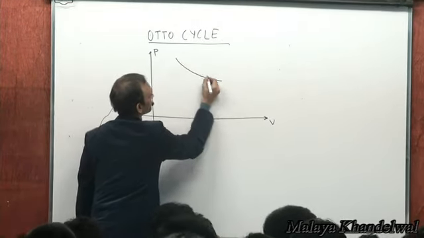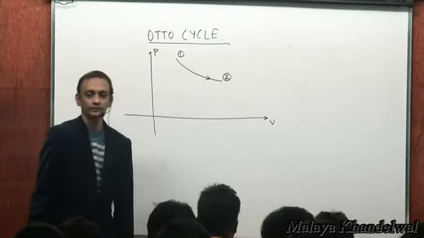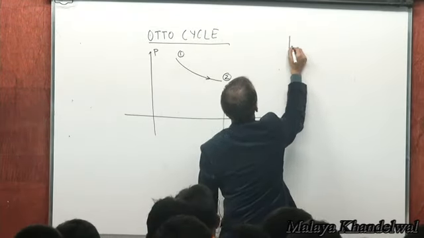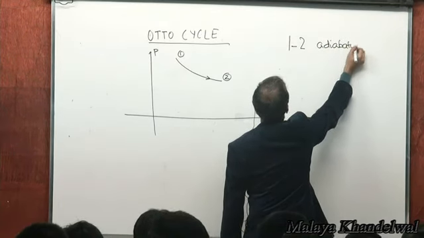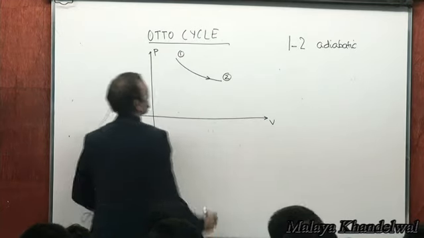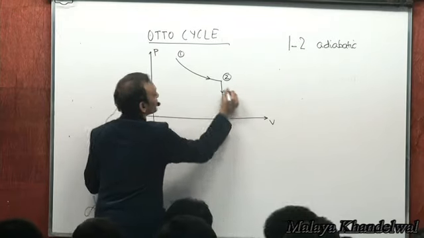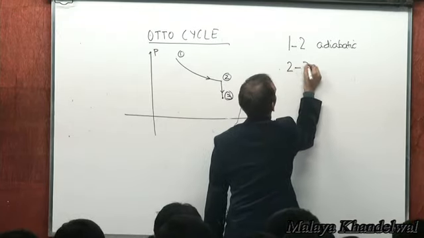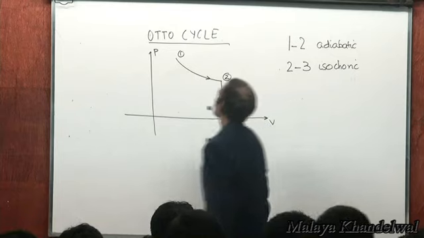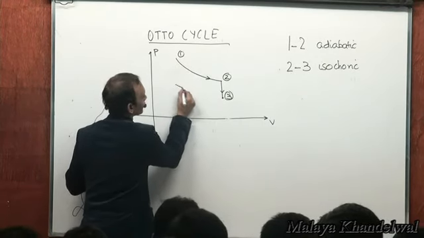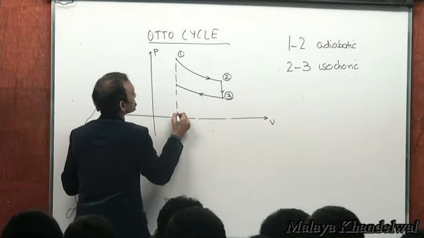We have, let's say, a gas going from state 1 to state 2 adiabatically. 1, 2 is an adiabatic process. Then 2, 3 is an isochoric process. 3, 4 again is an adiabatic process.